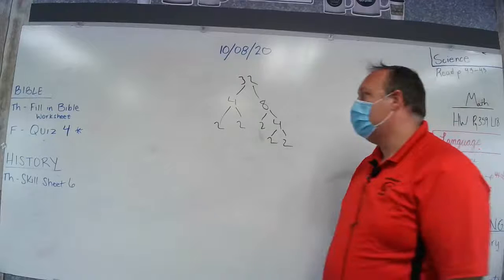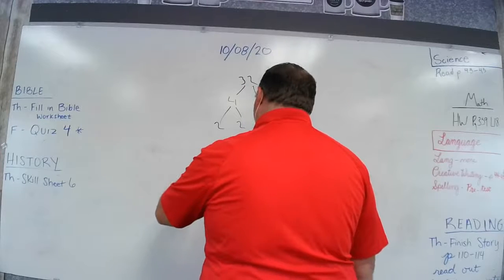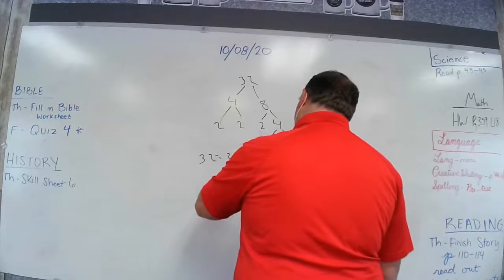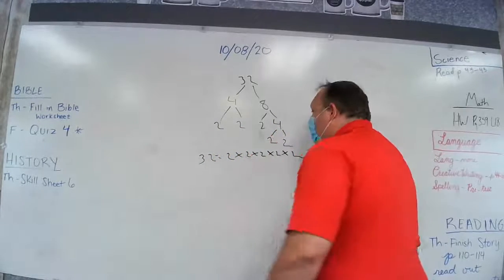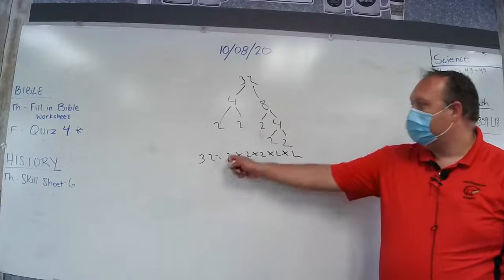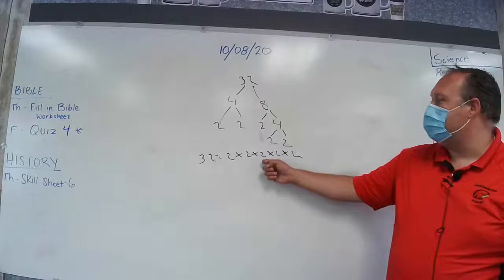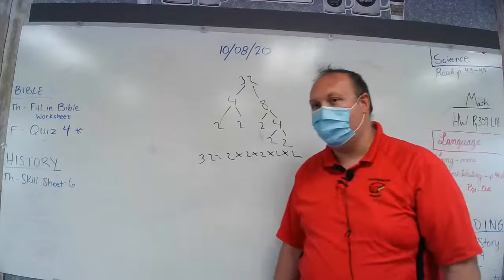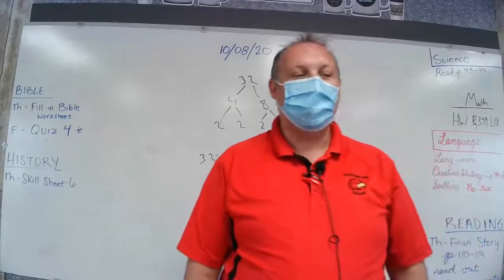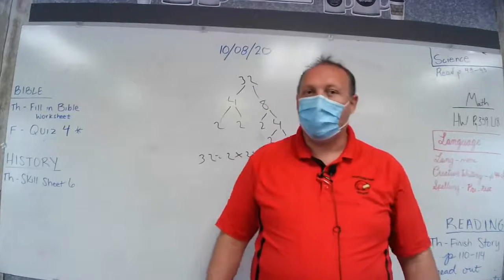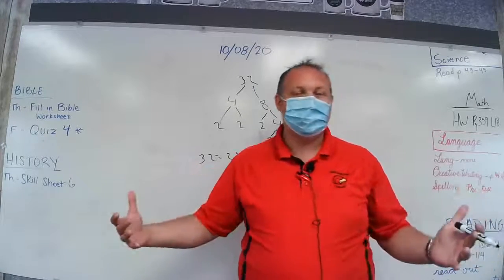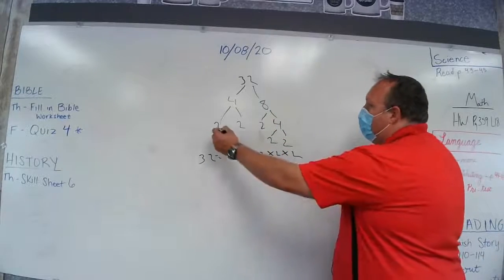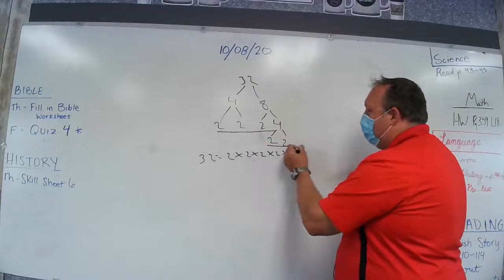Okay? So, 32 equals 1, 2, 3, 4, 5. 2 times 2 times 2 times 2 times 2. Okay? 2 times 2 is 4, times 2 is 8, times 2 is 16, times 2 is 32. Okay? So, the whole point of doing this, the whole reason why we're doing this, is to get it down into prime numbers, okay?